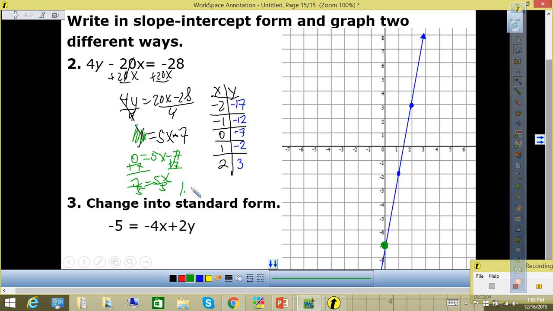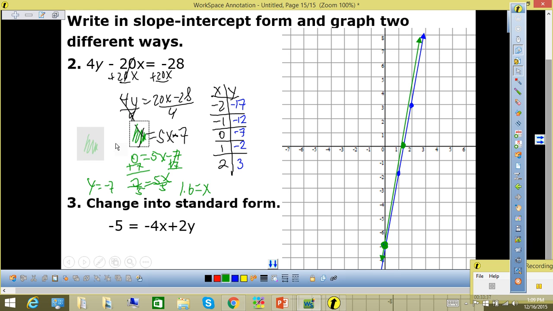Therefore, 1.4 equals x. I'm going to use that. I already graphed y equals negative 7. Now I'm going to graph x equals 1.4, which is about right here. Everybody see that? That's using the cover-up method.